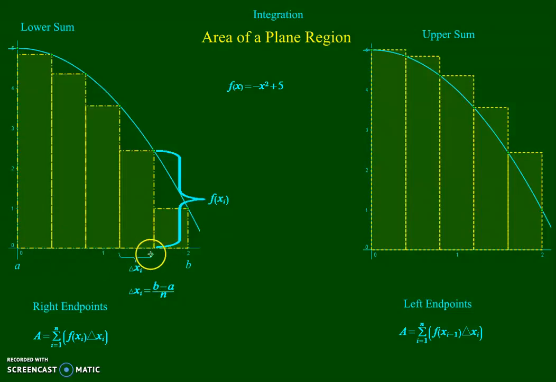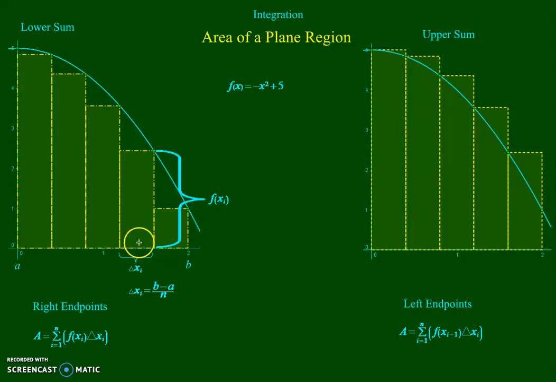So that's the width. The height is going to be dependent on evaluating the function at some x-coordinate within each one of these sub-intervals. So this at these x sub i points. Now for this lower sum, we're going to be using the right endpoint. And with the right endpoint, we evaluate f at that right endpoint.